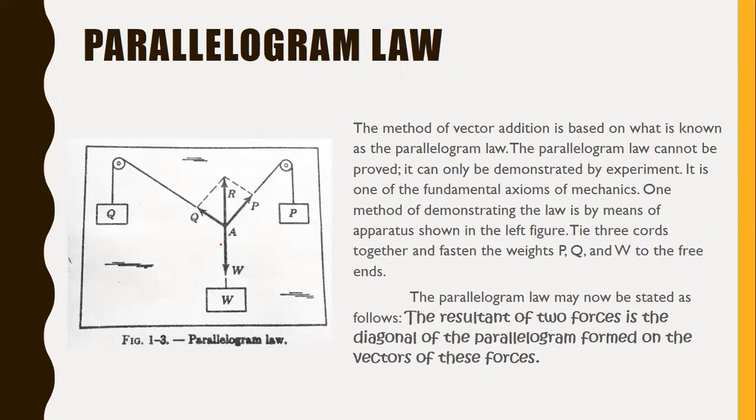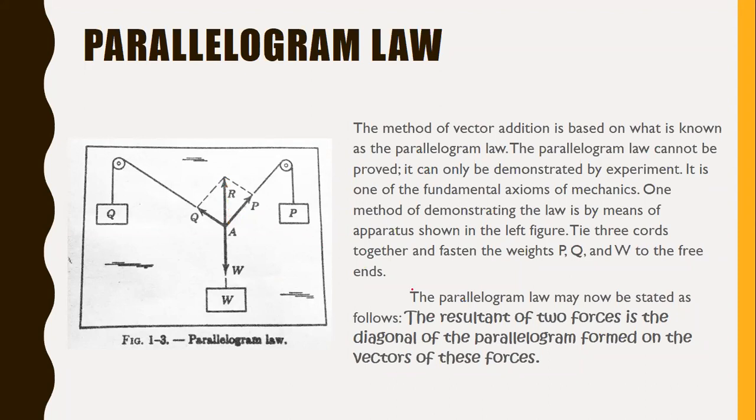Tie three cords together and fasten the weights P, Q, and W to the free ends. Then you have the reaction P here, the reaction Q here. Of course, the resultant is the sum of your vectors P and Q. But under the parallelogram law, you cannot add it arithmetically. You're going to use what?